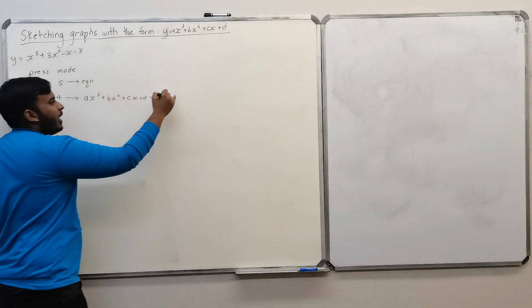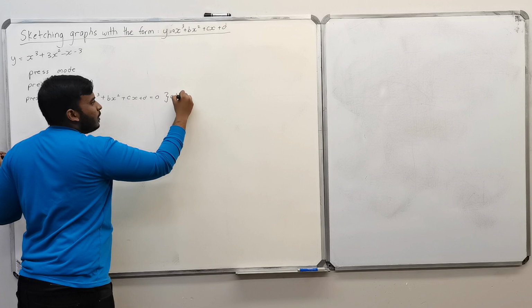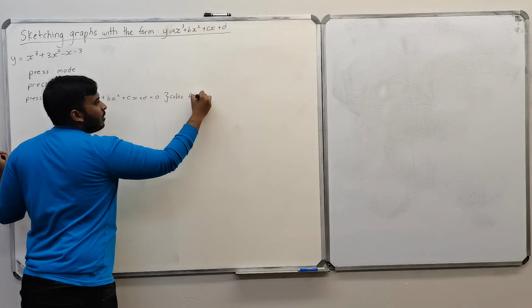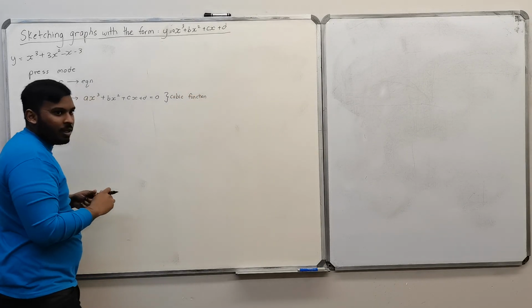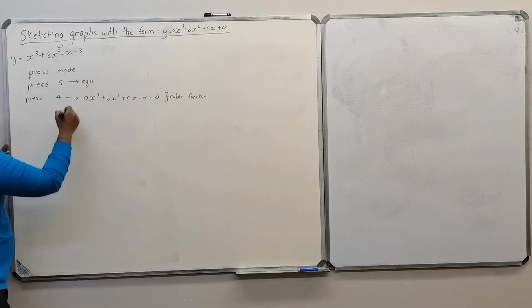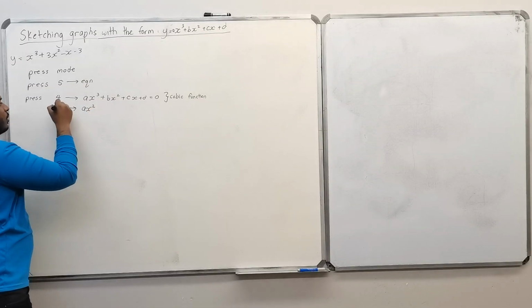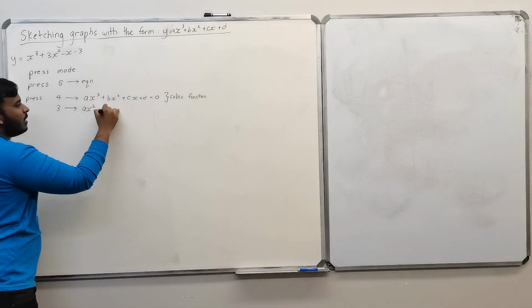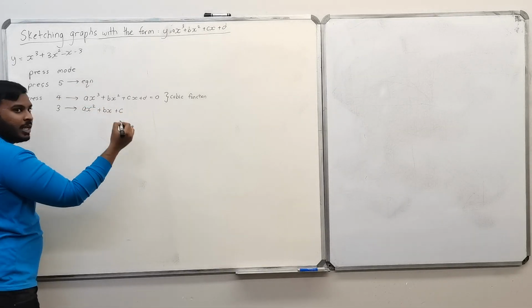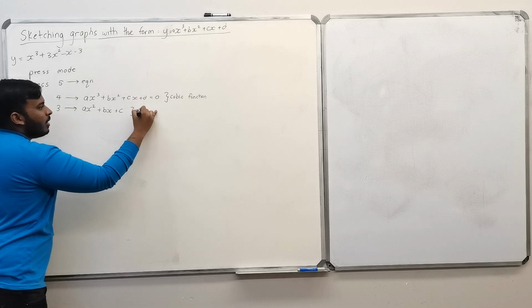This here is for a cubic function. If you wanted a parabola, it would be ax squared plus bx plus c, so you're going to press 3 for that.